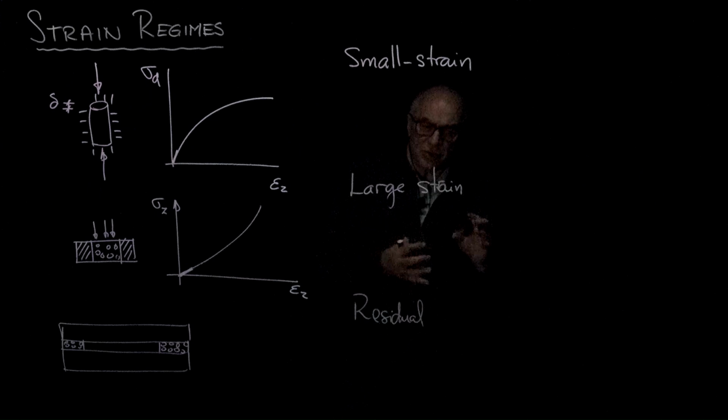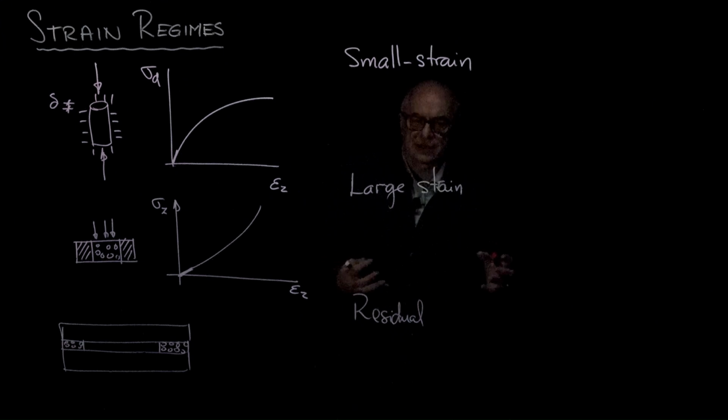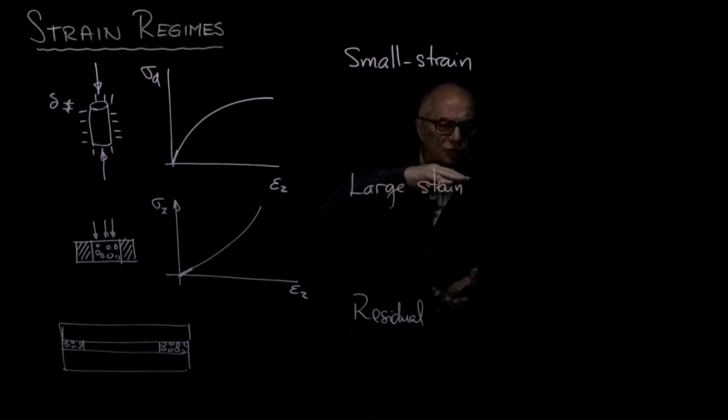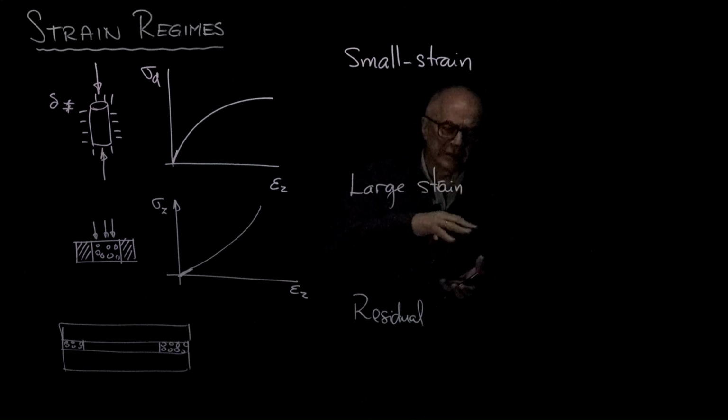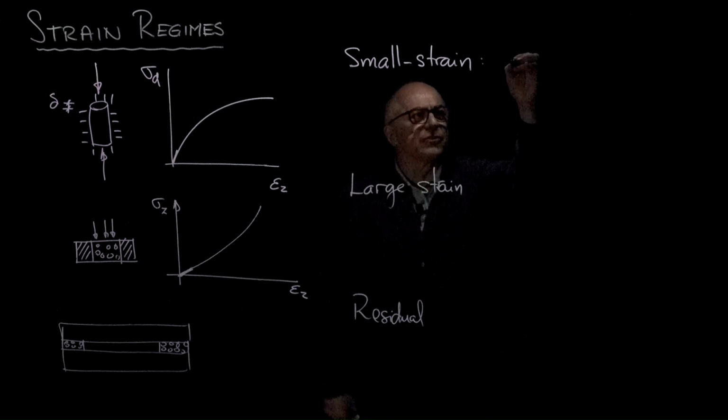In the small strain regime, particles keep their neighbors. They don't lose their neighbors. And so the deformations are limited at the contacts, like when you place your foot on a soccer ball, it's the contact that is deforming. So all the behavior and all the deformations localize at contacts.